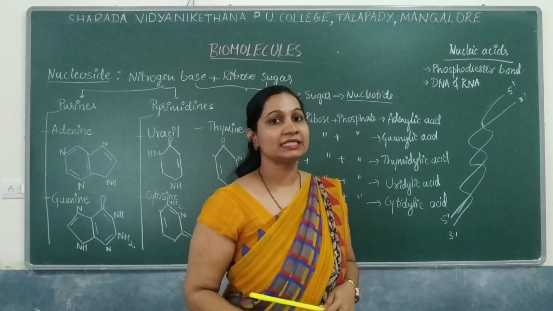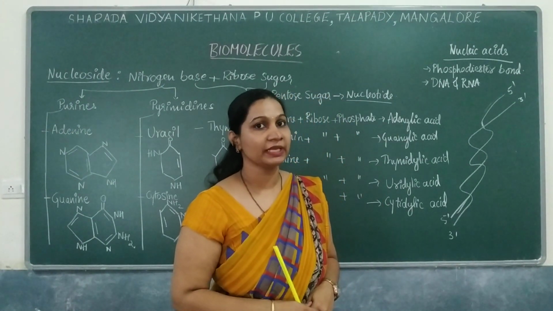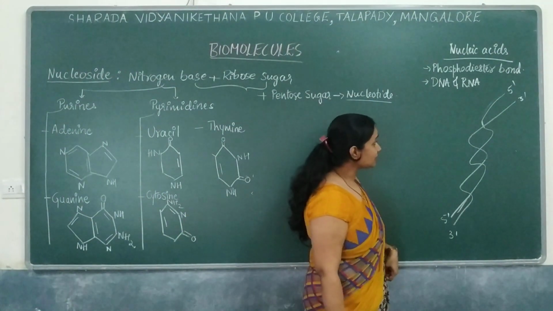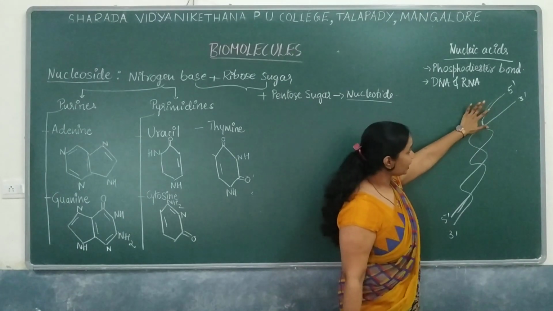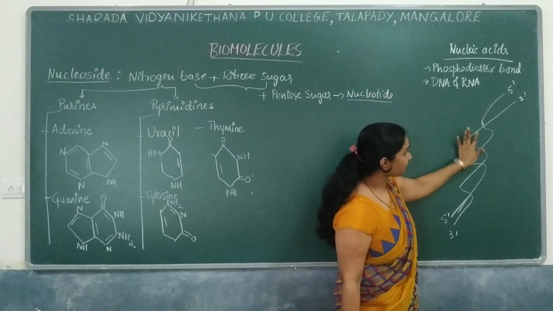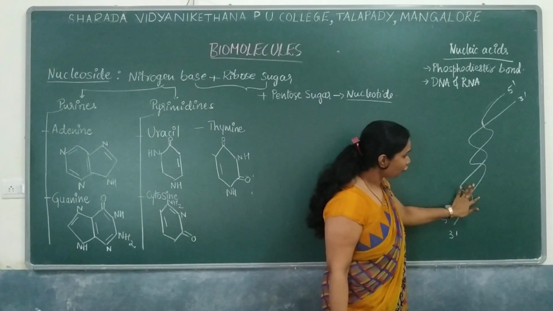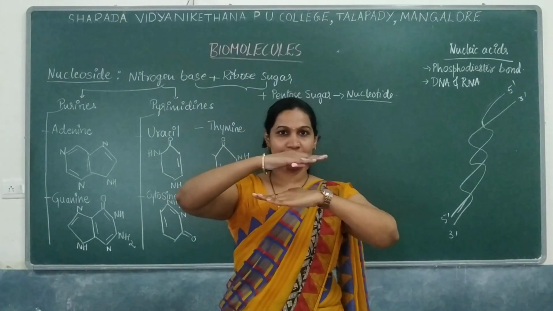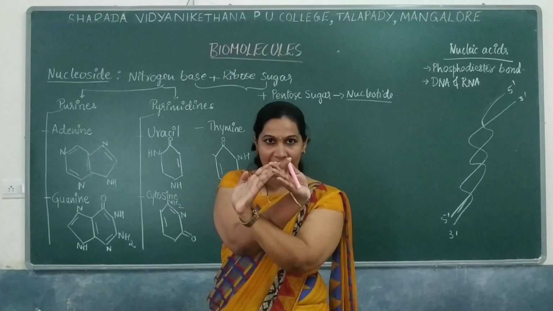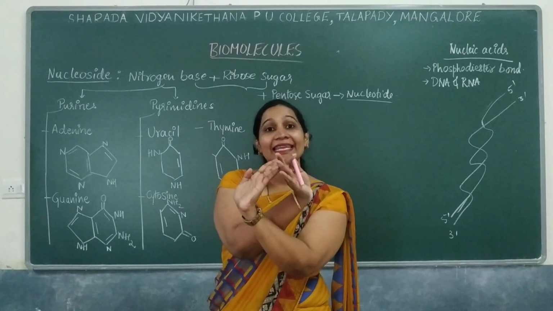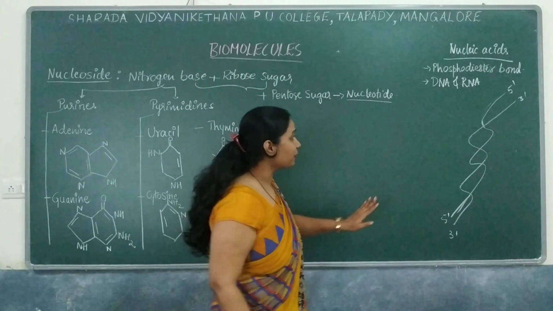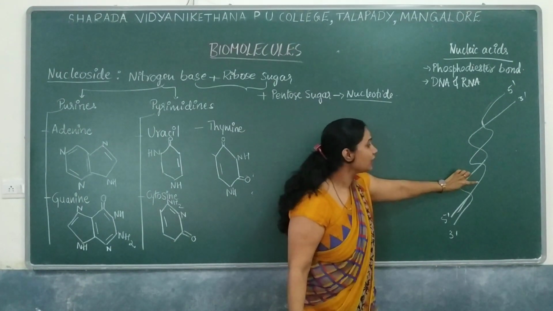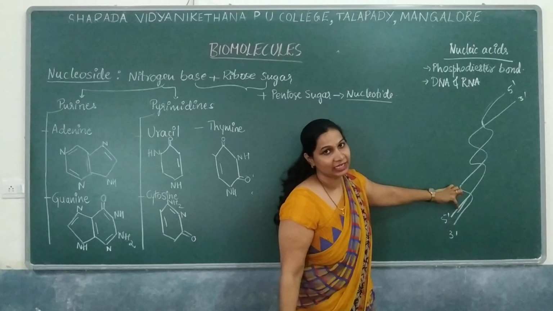So it is the Watson and Crick model which explains the DNA double helix. Okay, as you can see in the structure here, there are two polynucleotide chains. They are anti-parallel and they have a helical coiling. Two chains which run anti-parallel to each other and have a helical shape.